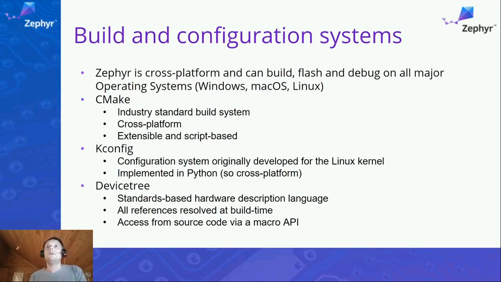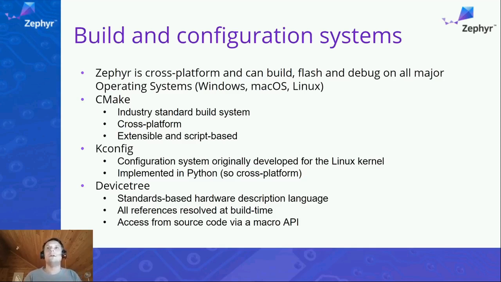Then for configuring the project, we took Kconfig, which is the Linux kernel's configuration system, and partially re-implemented it in Python. So we took an open source project that started doing that, and then the author started contributing to Zephyr, and we ended up with an almost fully featured implementation of Kconfig in Python.